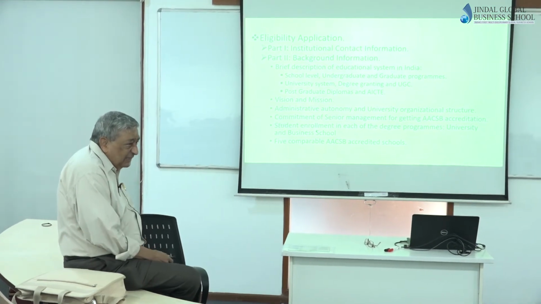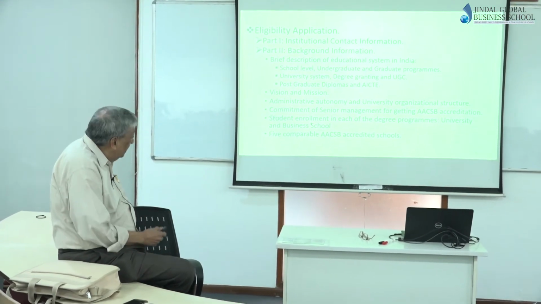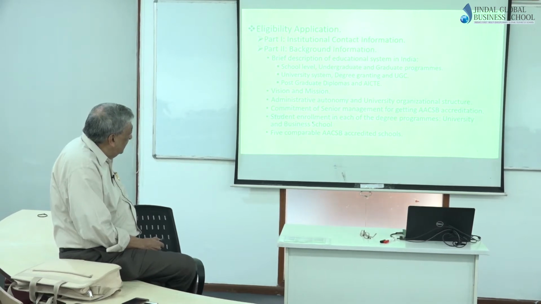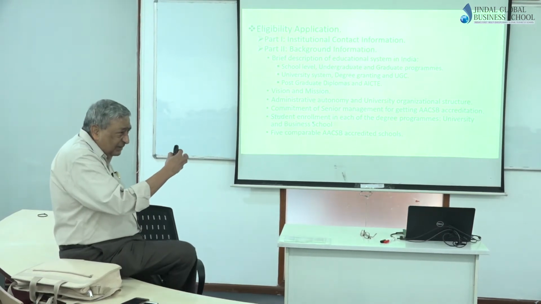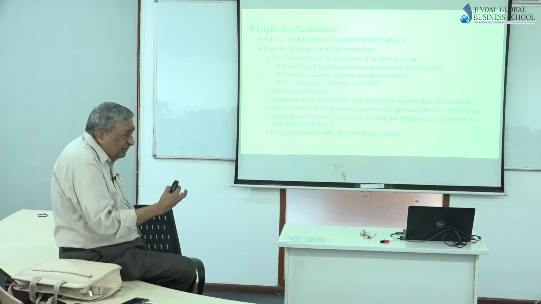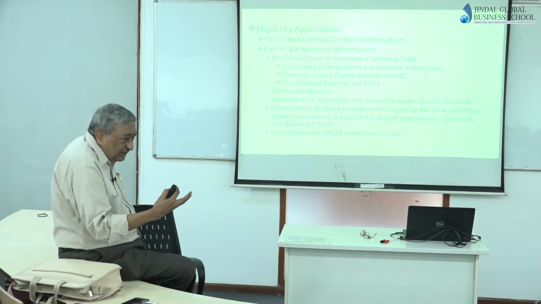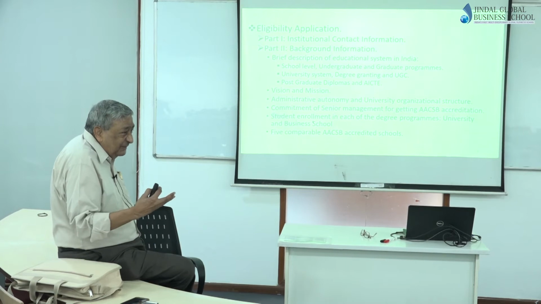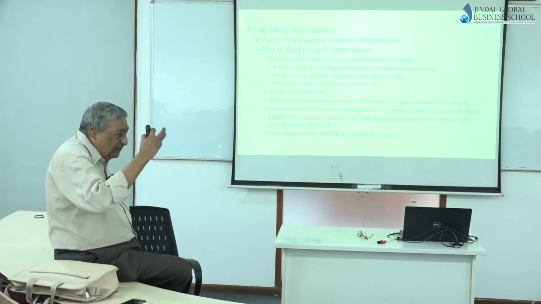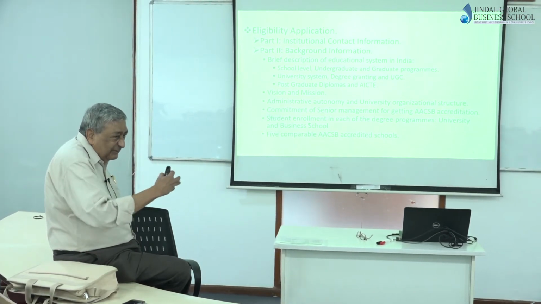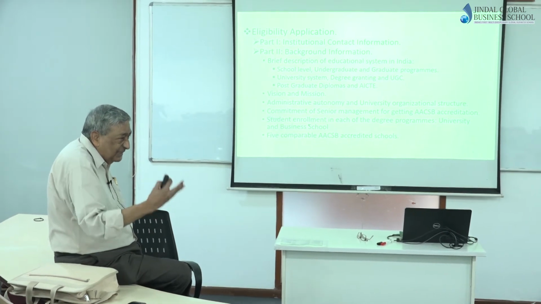What you should provide here is information about the educational scenario in the country, because AACSB is international, so they have only one document. They don't have one for the US and another for other places. So the statements will be general.